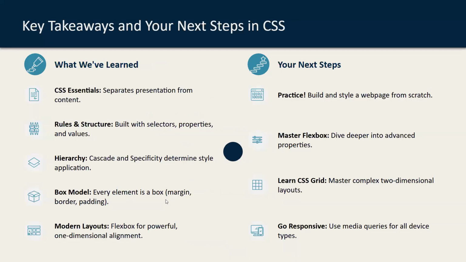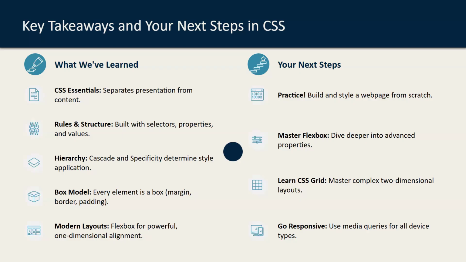And so here's a quick summary of what we have learned so far. CSS separates presentation from content. CSS rules are built with selectors, properties, and values. The cascade and specificity help determine which styles get applied first, and the box model helps us understand spacing through margin, border, and padding.